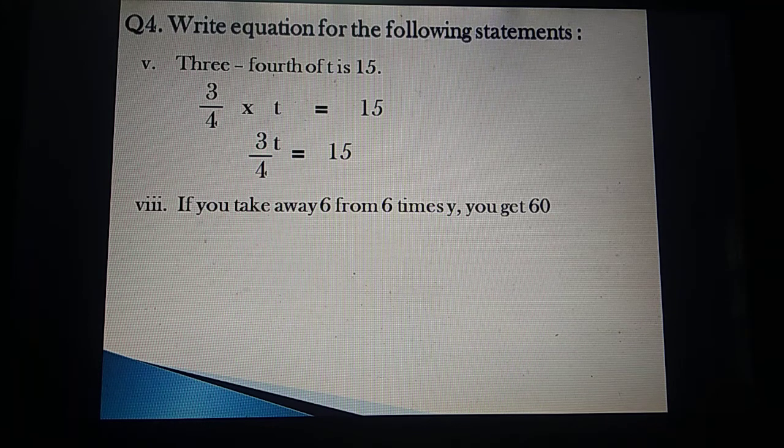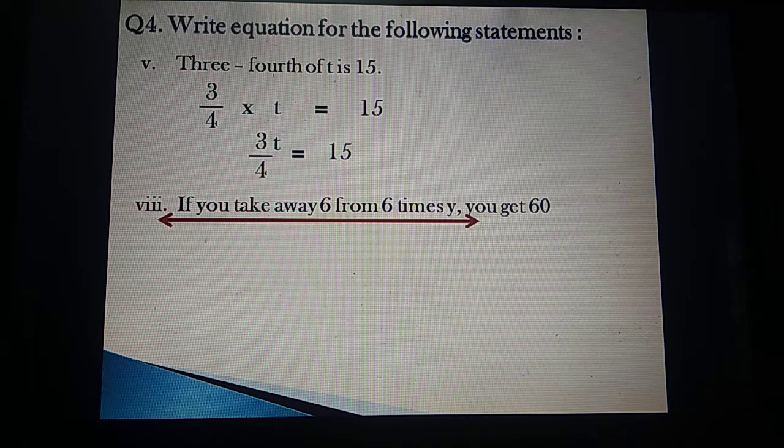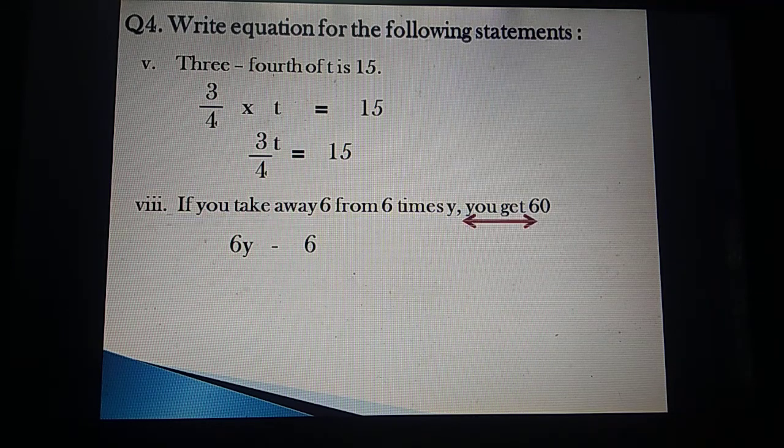Now next, if you take away 6 from 6 times y, you get 60. The first part is, if you take away 6 from 6 times y. From means order is changed. So first you will write 6y, take away means minus 6, you get means equal to 60 will come as it is.